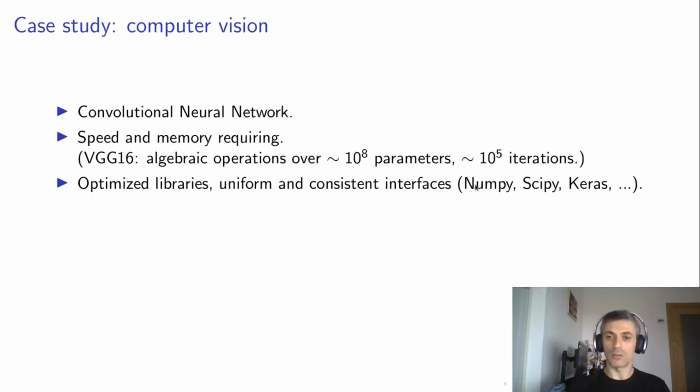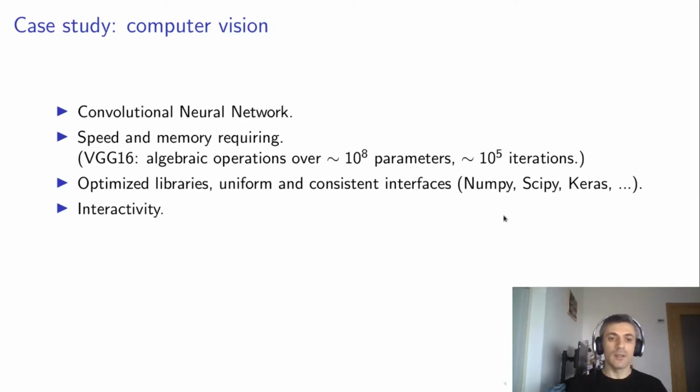So they usually wrap C, C++, and Fortran code, and Keras, which has a Python interface using other libraries as a backend, like TensorFlow written in C++. And the nice aspect is that all these libraries, even though they are different projects, provide very uniform and consistent interfaces. So if someone knows how to use NumPy, then it is relatively easy and intuitive to learn how to use the interface of Keras.